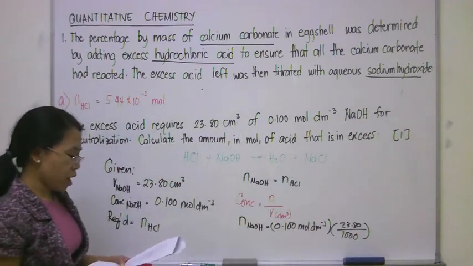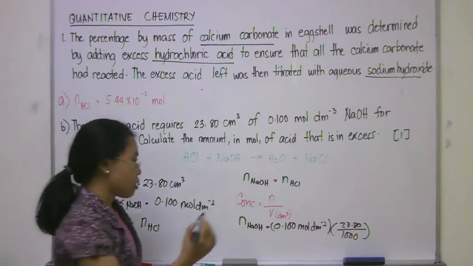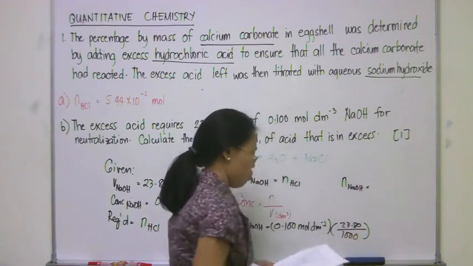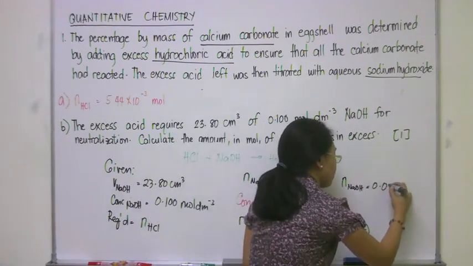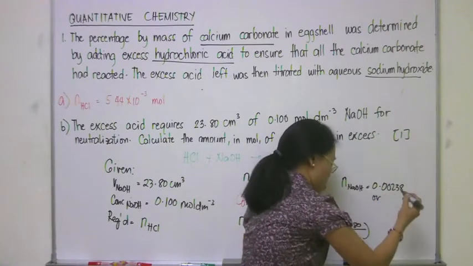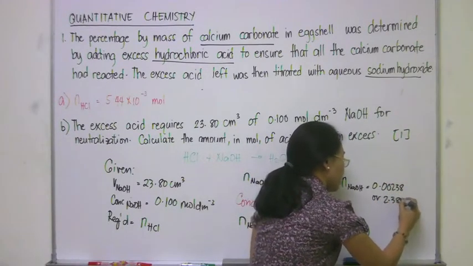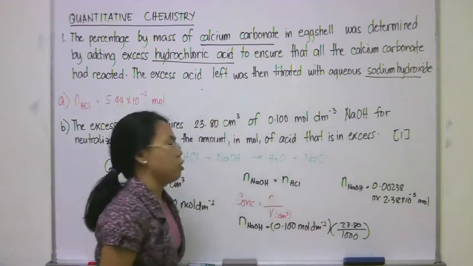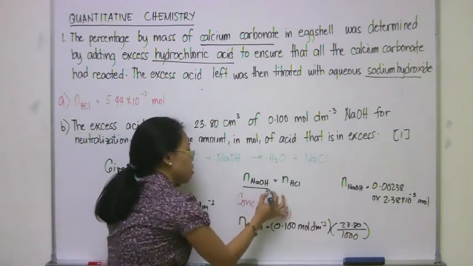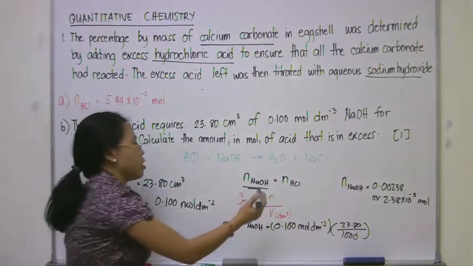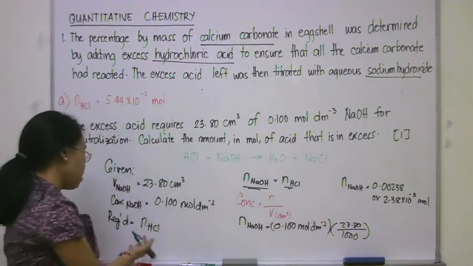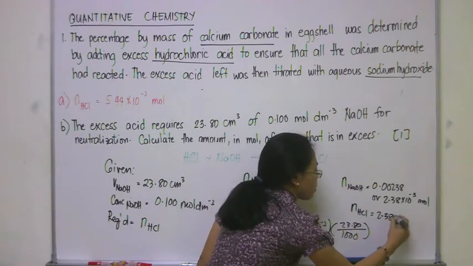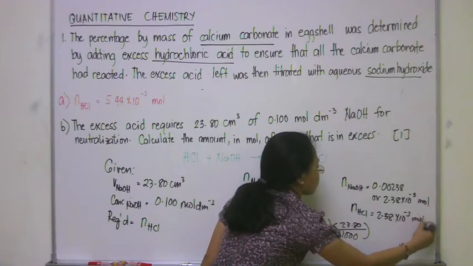Moles of sodium hydroxide is equal to 0.00238, or 2.38 times 10 to the negative 3 moles. Since we stated that moles of NaOH is equal to the moles of HCl, we can say that moles of HCl is 2.38 times 10 to the negative 3 moles.